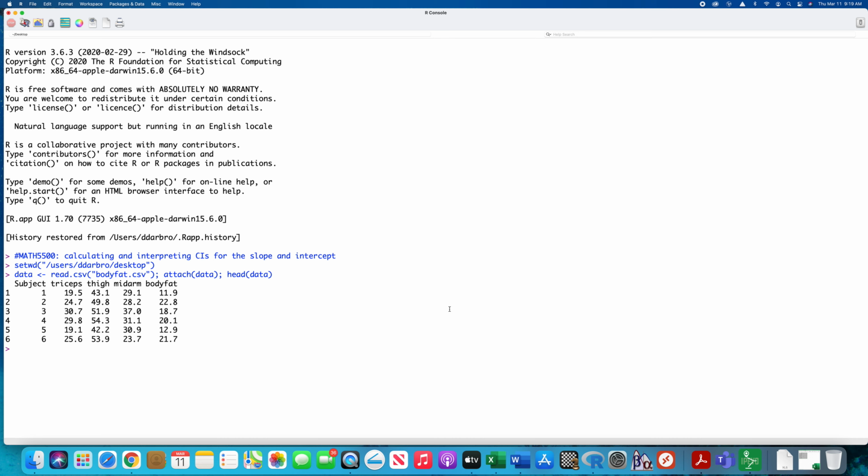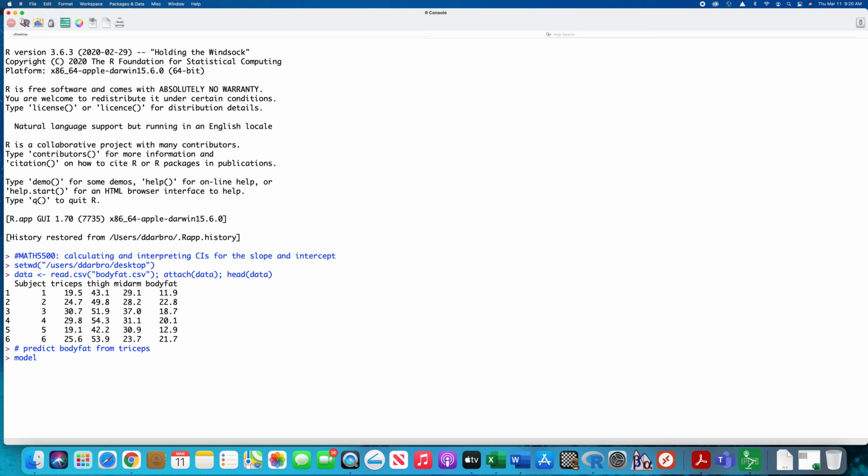Let me pump the brakes a little bit. Let's say that we want to predict body fat from triceps, and I want to calculate the 95% confidence interval for the slope and the intercept.